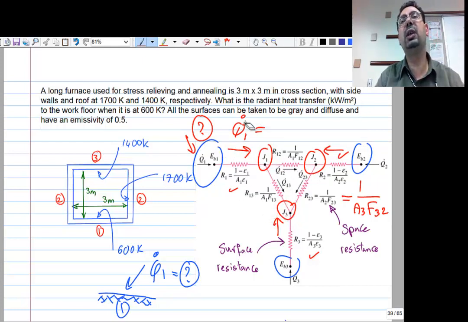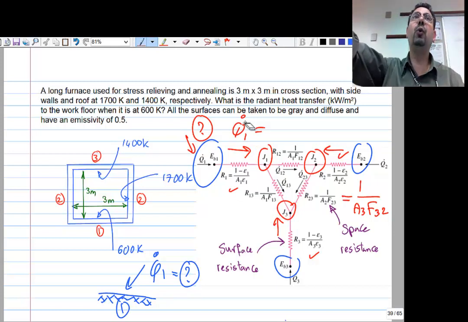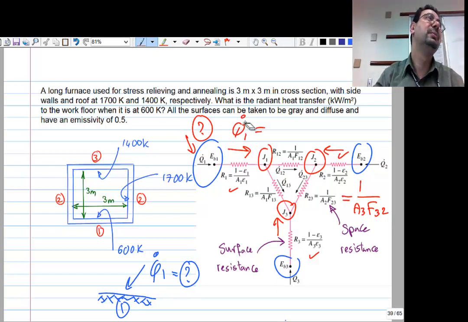So can anyone give me an equation for the Q that we are shooting for at the end of the problem? What is the equation that we will use at the end? Yeah, that works.